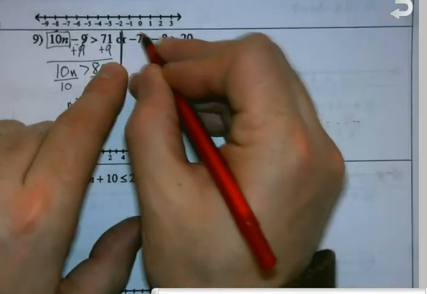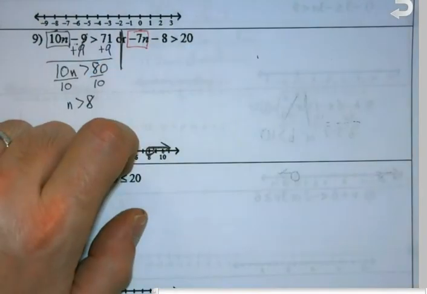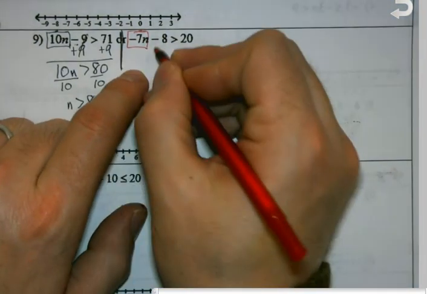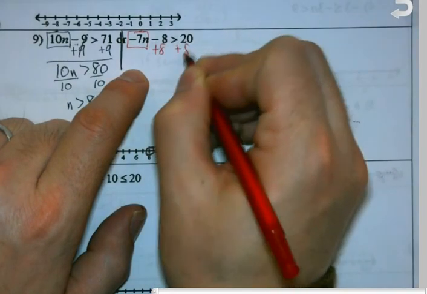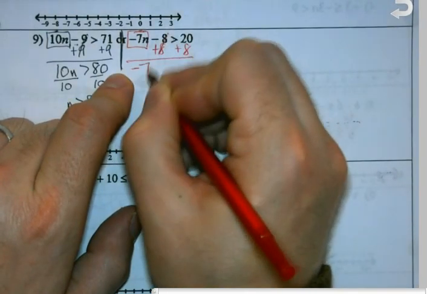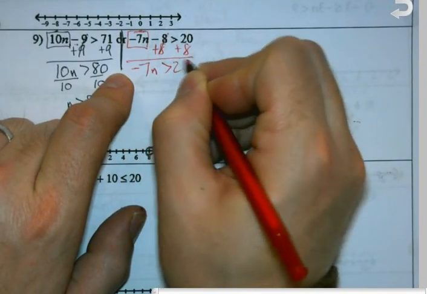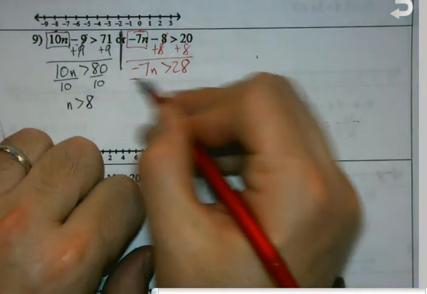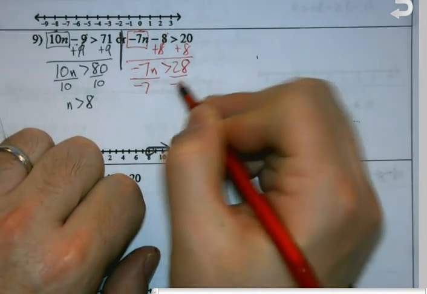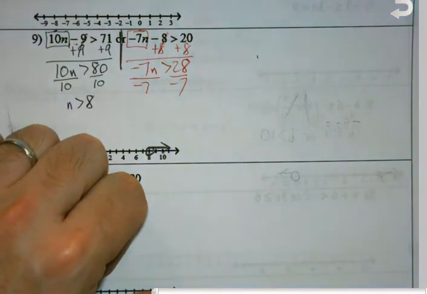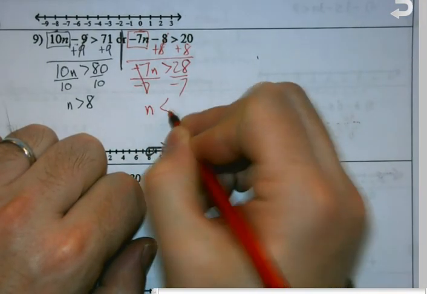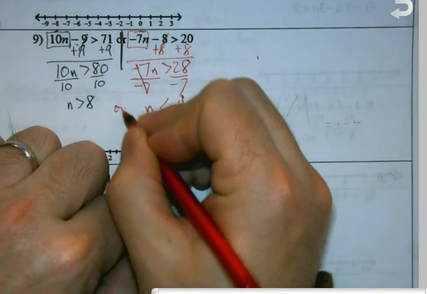Same deal here, I want to get my n term alone first. What would I have to do? Got to add the 8 to get it out of there. Okay, we divide by negative 7, and just like we did up in number 7, since I'm dividing by a negative, I've got to flip the arrow.